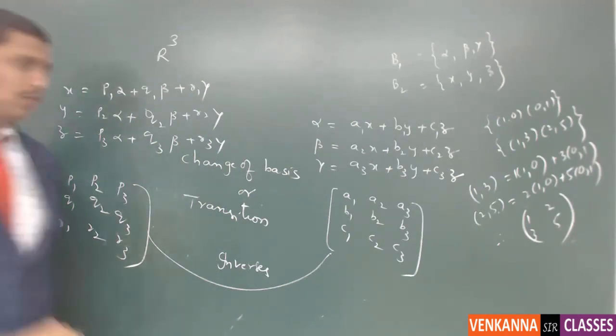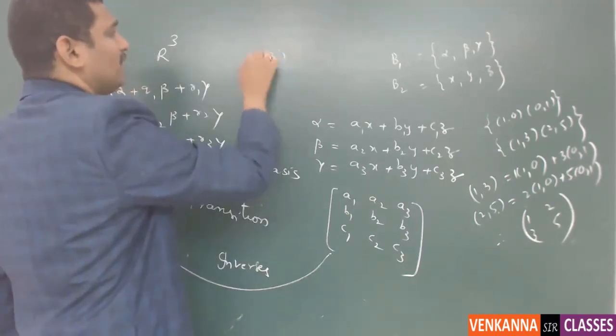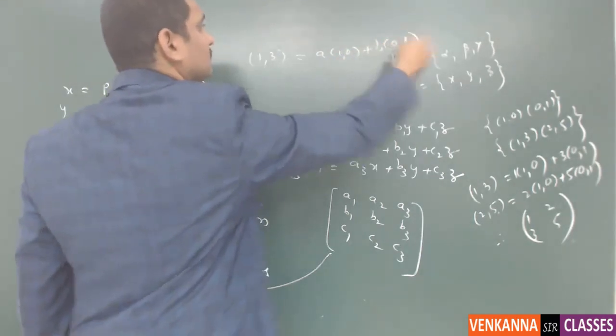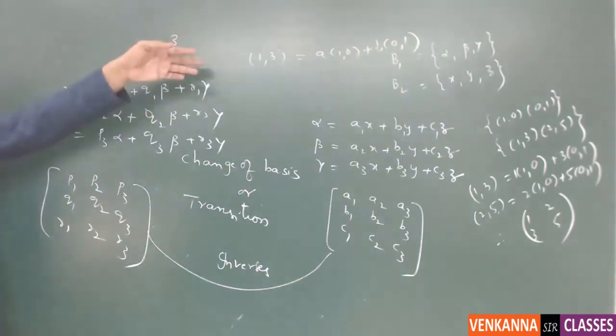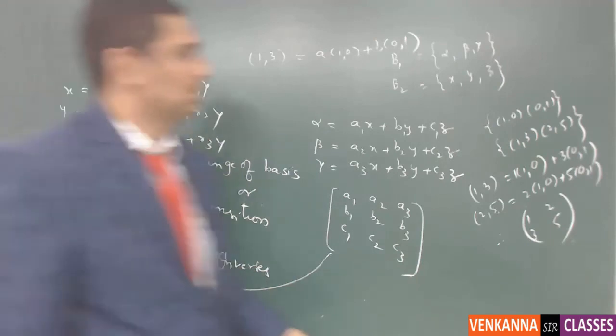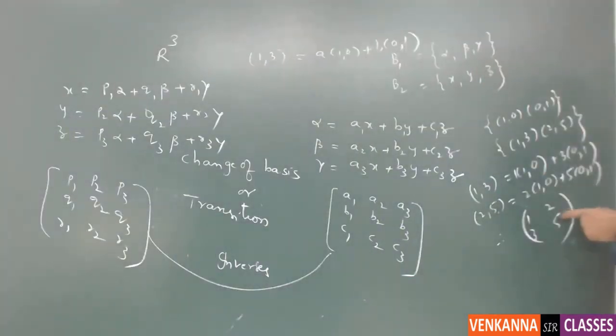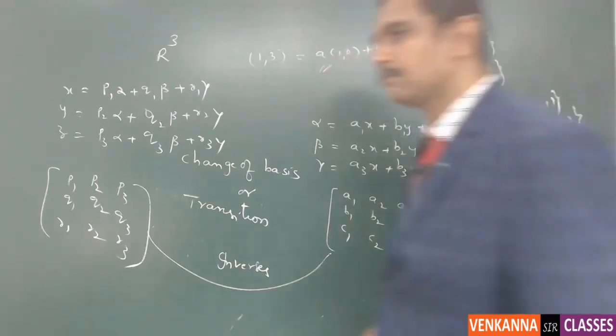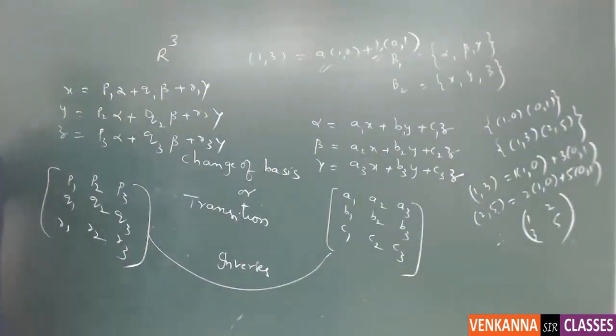Now, if you want to write 1, 3 as a linear combination of the second basis, then there is no need to write the linear combination separately. Actually, we write the linear combination and we will solve. But the thing is, if you know the inverse of this matrix, those column values are nothing but the scalars here. That is the interconnection between transition matrices or change of basis matrices. Okay? Are you clear now, all?